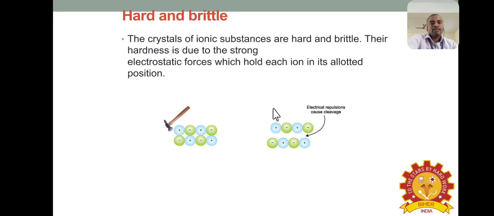In diamond, the bond is covalent, but in ionic compounds, we have repulsion as well as attraction. That's why ionic crystals can break with the help of repulsion between positive and negative.